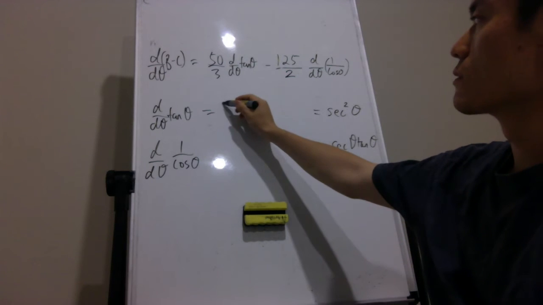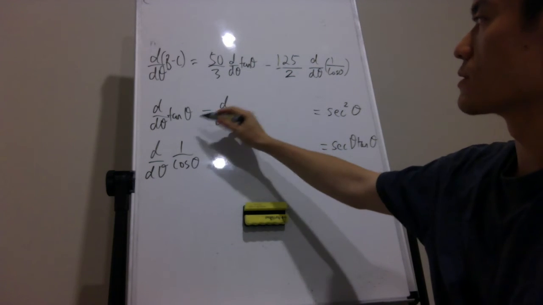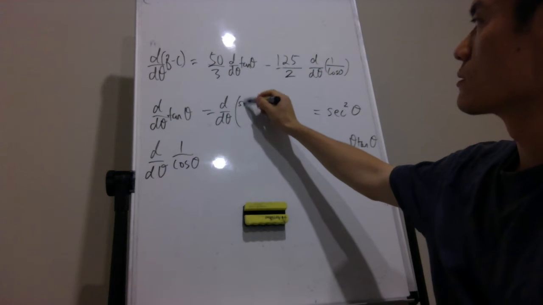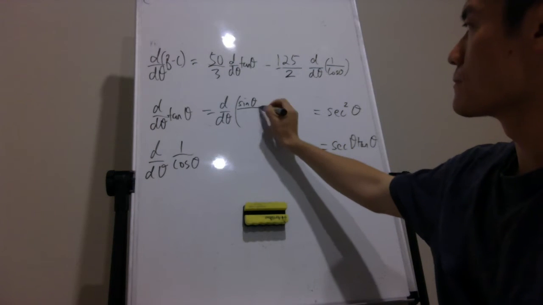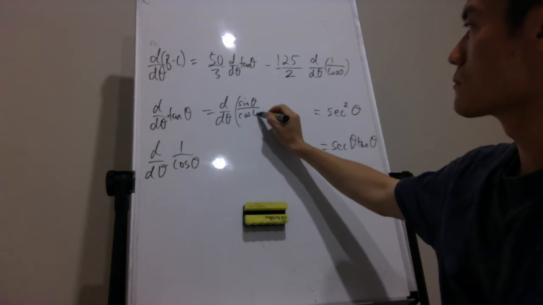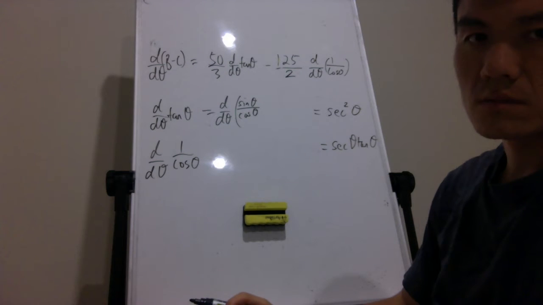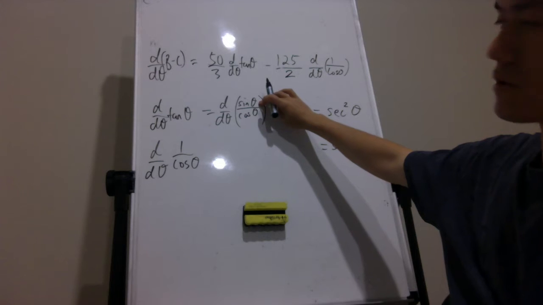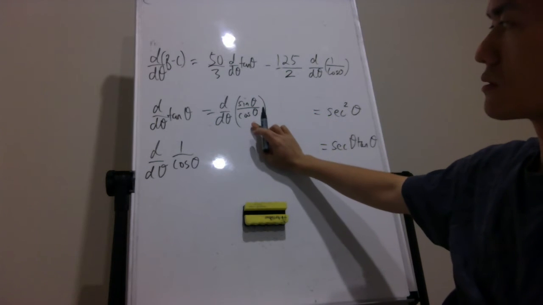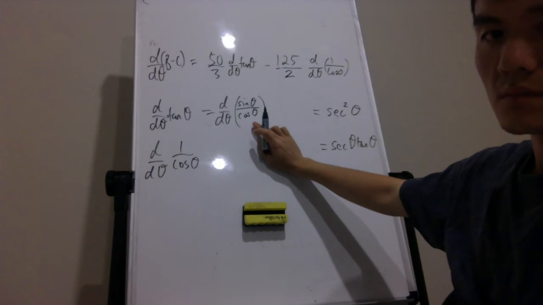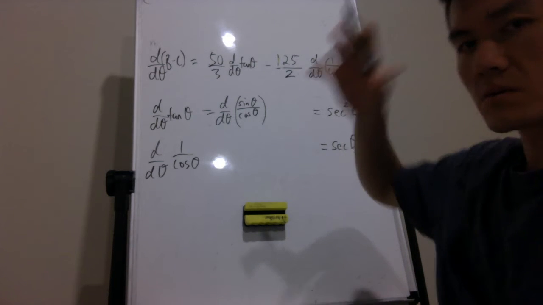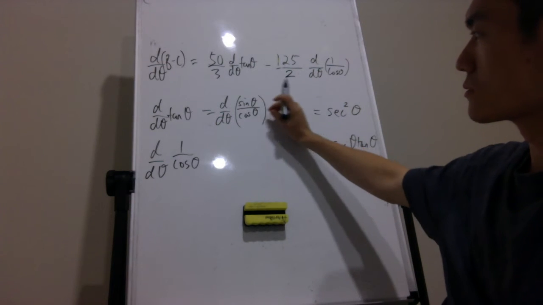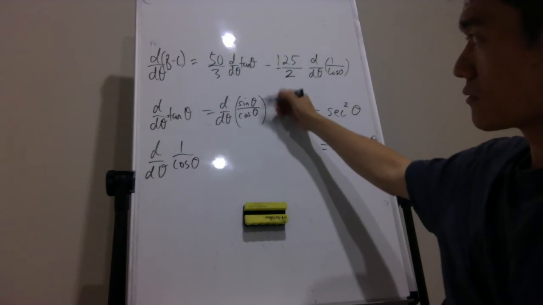So we know that, for example, tan theta can be written as sine theta on cos theta. And we know that the derivative of sine is cosine, and the derivative of cosine is minus sine. So we can then use the quotient rule to get the derivative of this fraction.